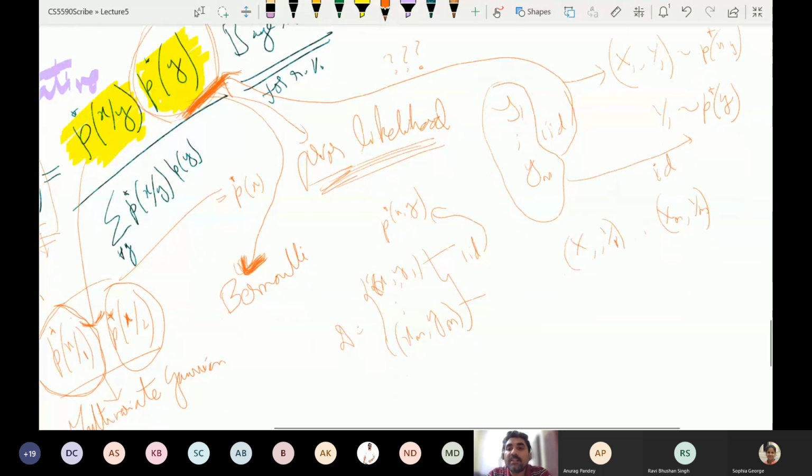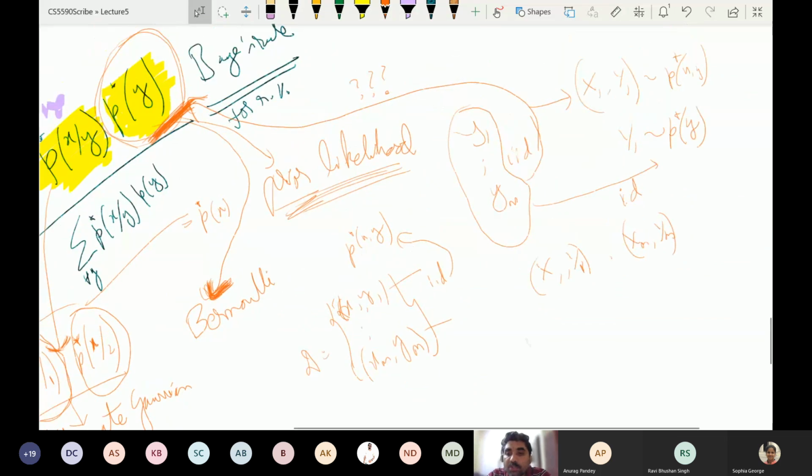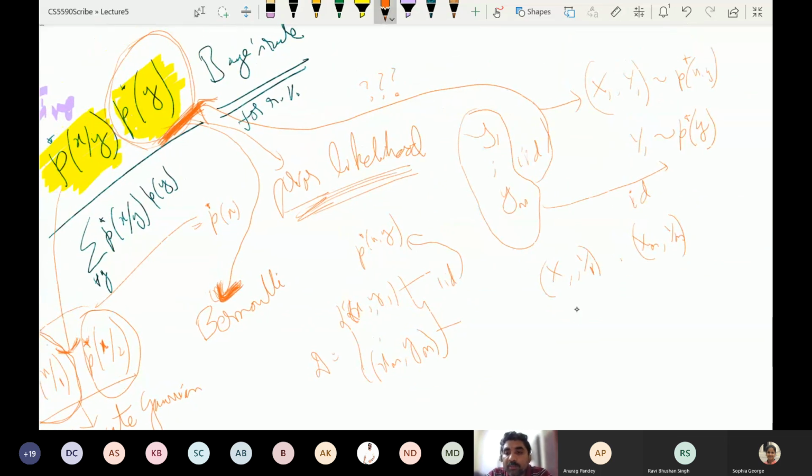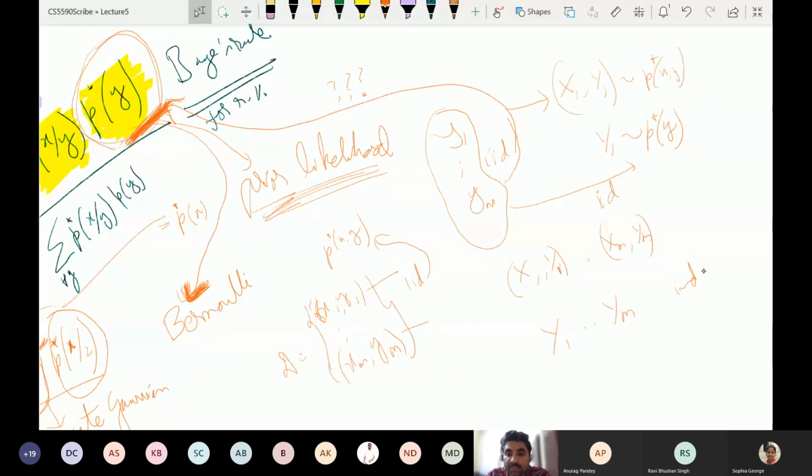By the properties of independence, you can also show that y1 to ym will be mutually independent. This is a property of mutual independence. You can go home and verify this. If these are mutually independent, then you can show that these are independent, but not the other way.